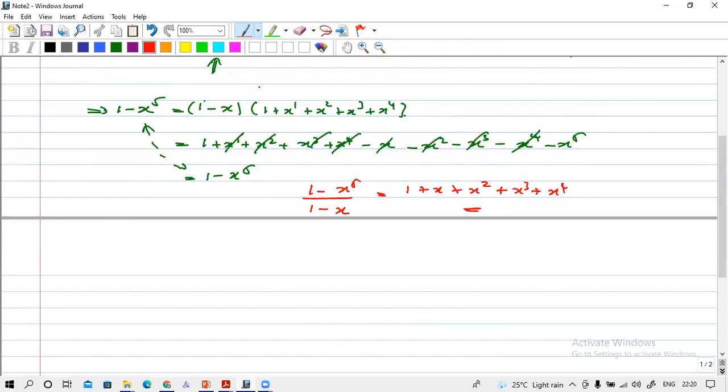So if you again substitute here, you will have 1 minus x is 1 minus e to the power minus j omega, and it is in 5 power, so the power is multiplied here and divided by 1 minus e to the power minus j omega, like this.